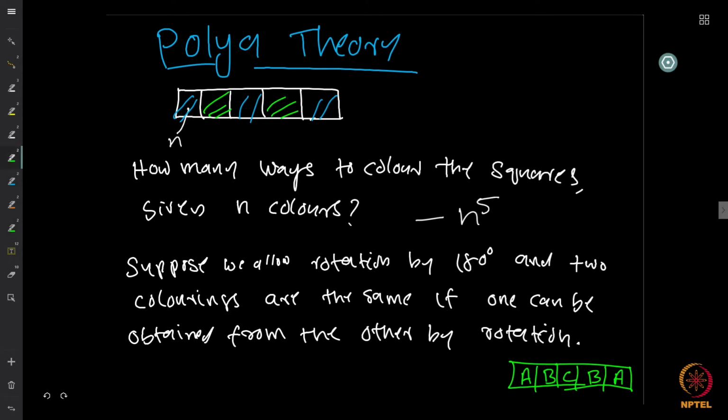So what I do is that I observe that the only colorings which remain the same under the rotation by 180 are precisely the colorings where some three colors are used in the first three boxes, and then the color of the second cell is used on the fourth, and the color of the first cell is used on the fifth.